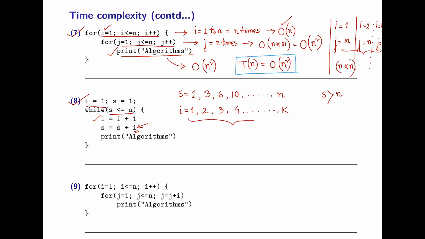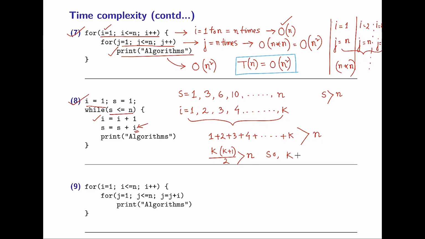So we need to see how many times i is going to execute. So what is that? 1 plus 2 plus 3 plus 4, like that it will go up to plus k. This will be greater than n. s is dependent on the increment. Now it is the series: k into k plus 1 by 2 greater than n. So here what can I find out? We need to find out k, right? We do not know k.